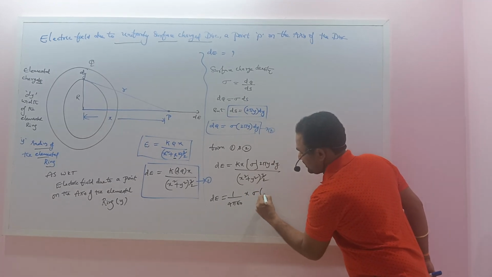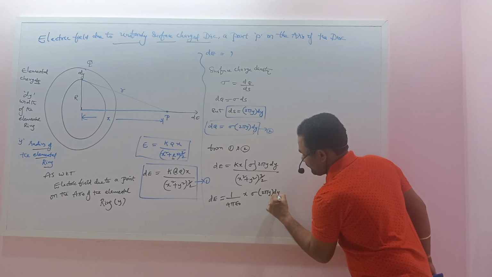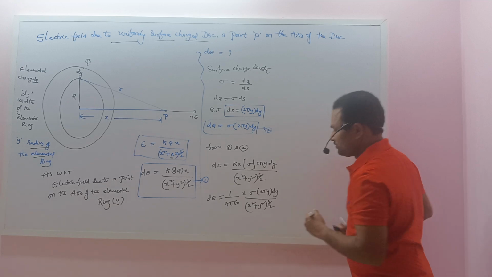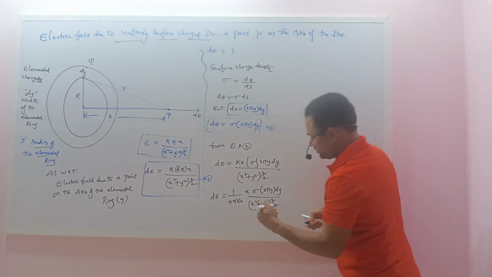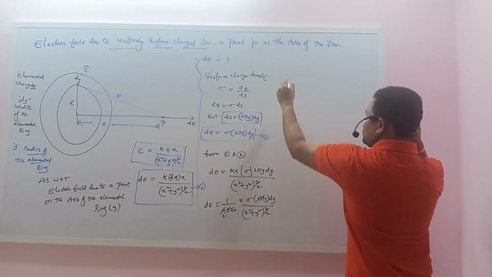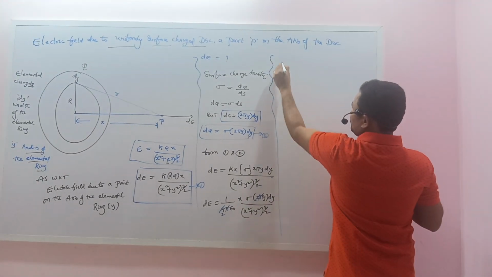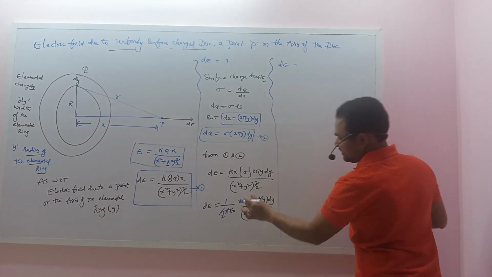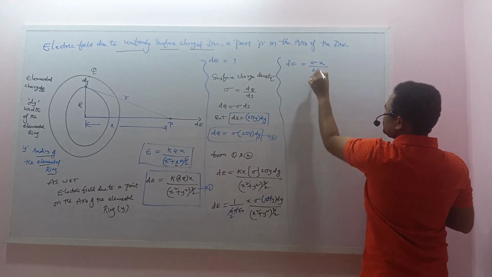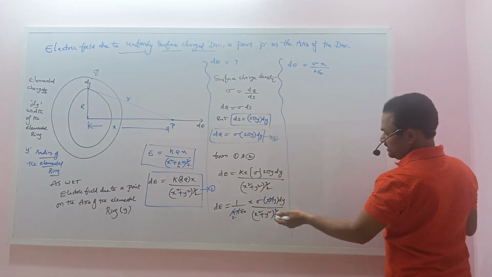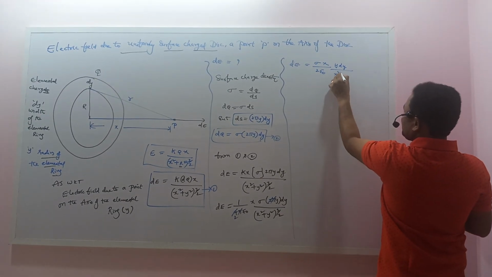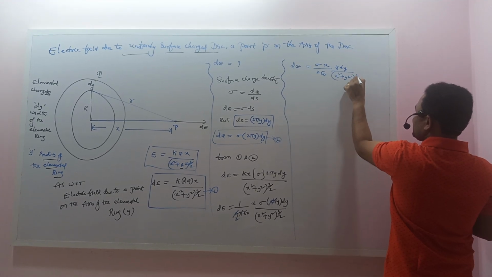Here 2 cancels and pi cancels, so dE is equal to sigma x by 2 epsilon naught into y dy by (x square plus y square) whole to the power of 3 by 2.